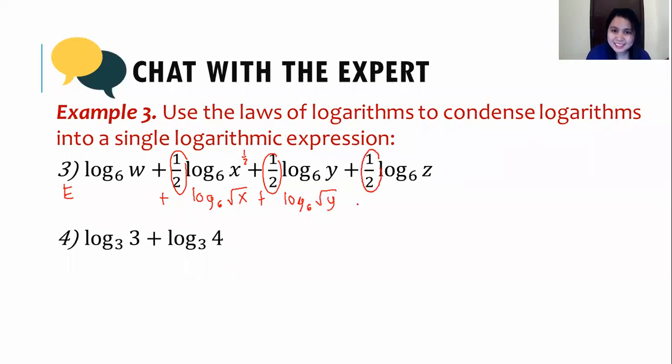The next, log 6 square root of z. The first is log 6 of w. There is no quotient, so that's x. Let's go to the product. We have log 6, just multiply them. W, and the one inside is square root of x, square root of y, square root of z.